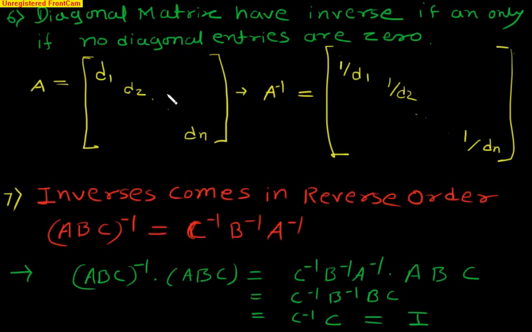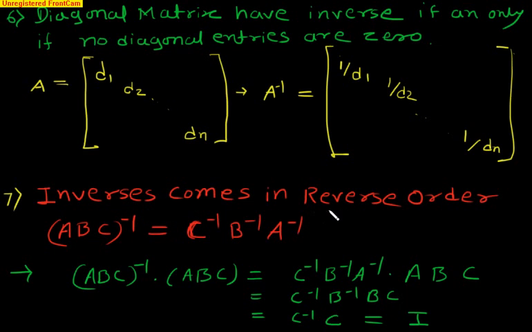The inverse of a diagonal matrix is very simple. Just take the inverse of all the individual entries along the diagonal. See, here is d1, here is 1 by d1, d2, 1 by d2, like this. That much simple is this.